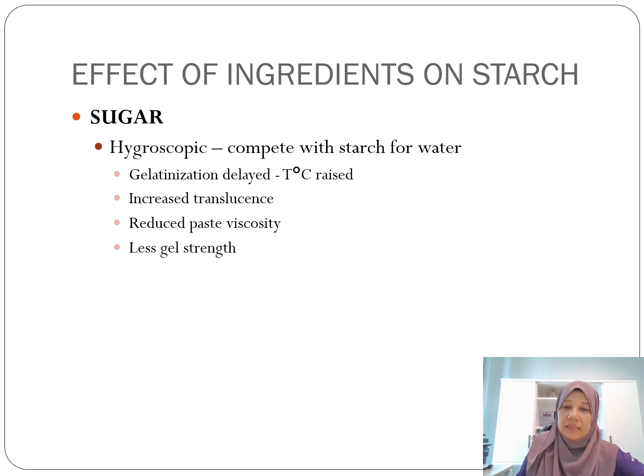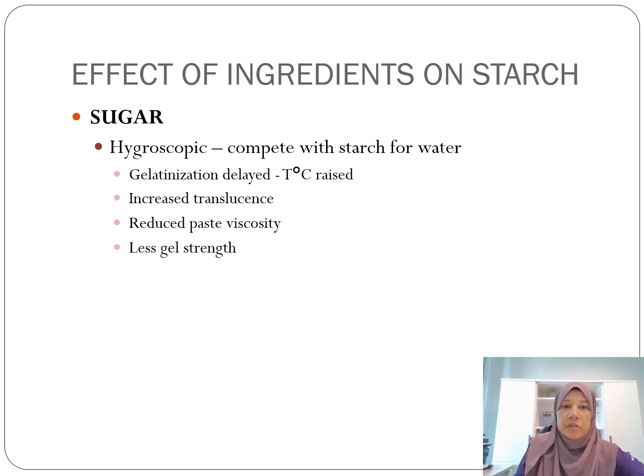It means that if you just add starch and water and put some heat, the gelatinization maybe will occur around 5 minutes. If you put sugar, starch and water and heat it, the gelatinization will take a longer period, maybe 10 minutes, to boil or to become gelatinized.